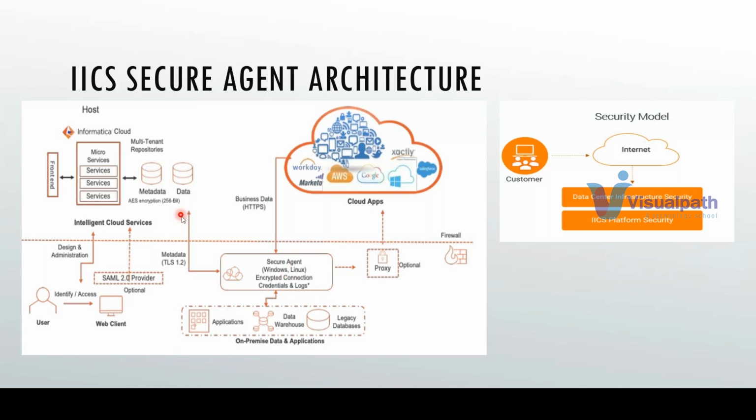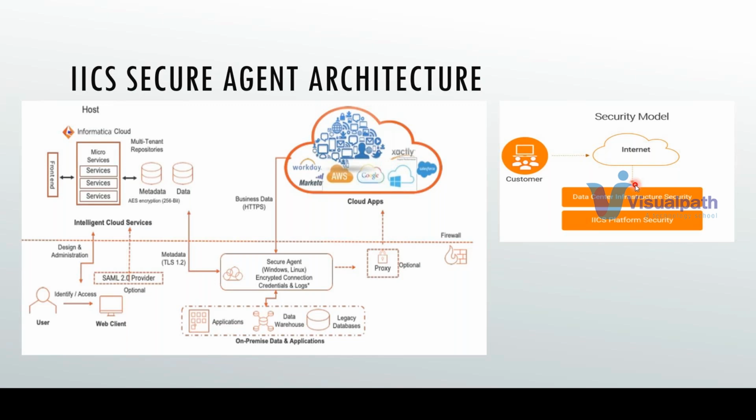And as I told you, this is a multi-tenant repository. How is the security model designed? You have your customer, and all you need is internet access and data center infrastructure security, and you need some standards as part of your IICS platform security, where Informatica is going to provide the organization a certain range of IP addresses which are supposed to be whitelisted.